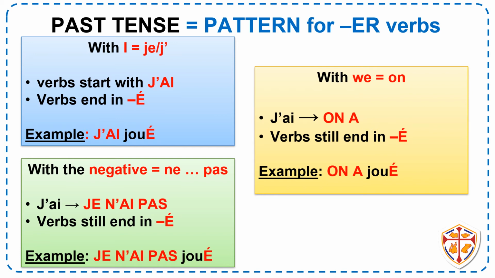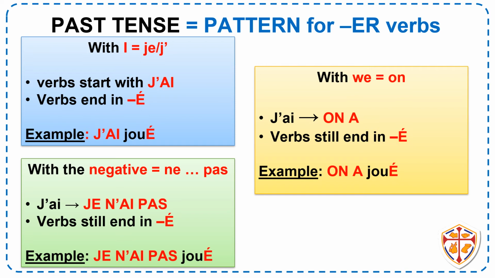And then finally, if you want to work on grade 6, 7, 8, and 9, you can also use a different pronoun. So instead of saying I, you could use we, on. Now the j'ai changes into on a. So instead of saying j'ai joué, have a look at the example, you would say on a joué.